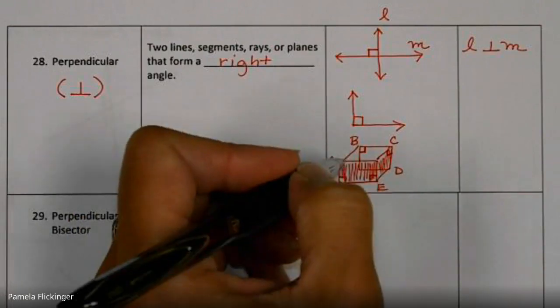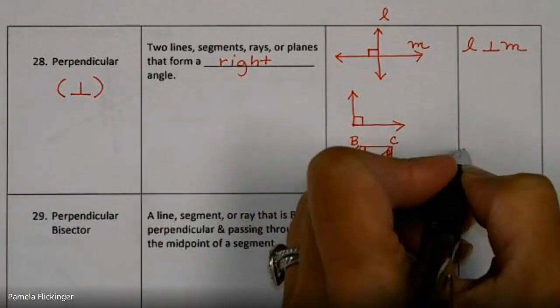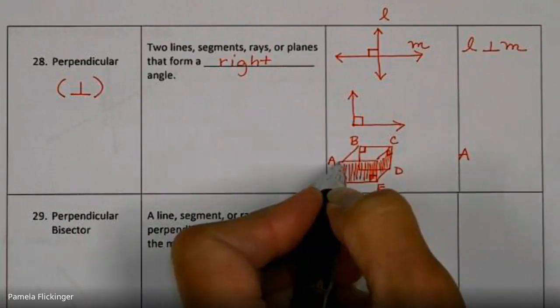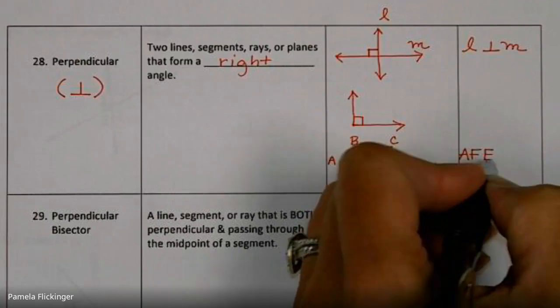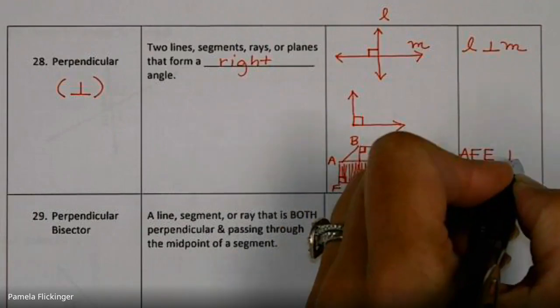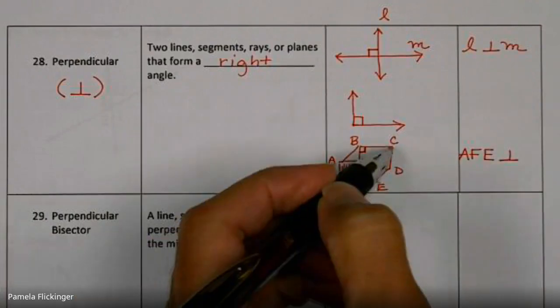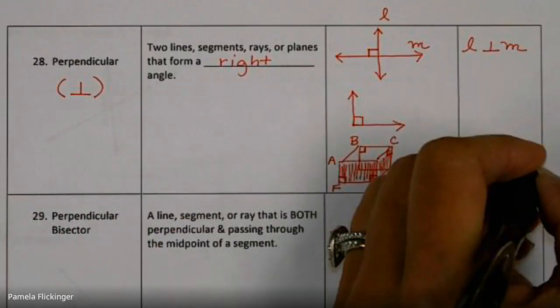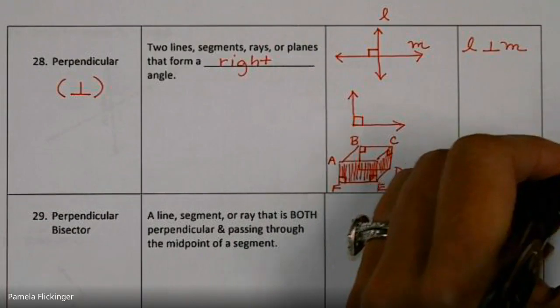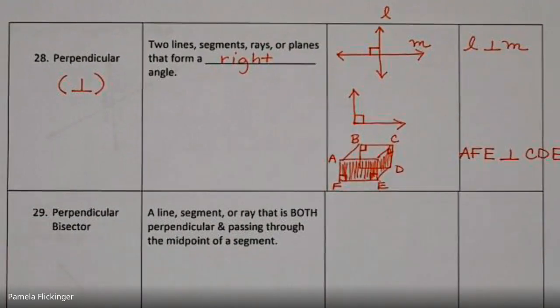Okay, so I could say, remember 3 letters to name a plane, so I'll call this one plane AFE is perpendicular. And then 3 letters for the side one, I could use CDE. And that's how we would name the plane.